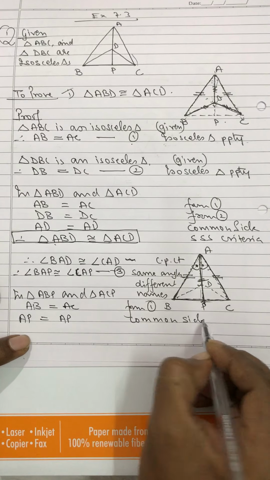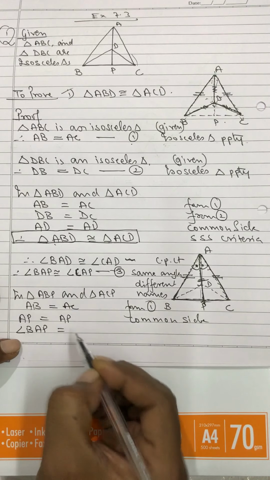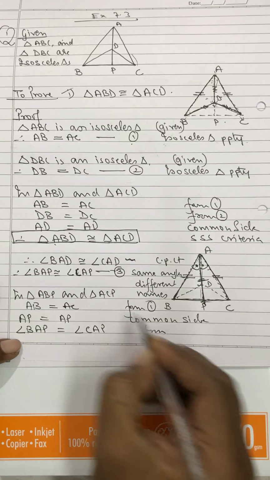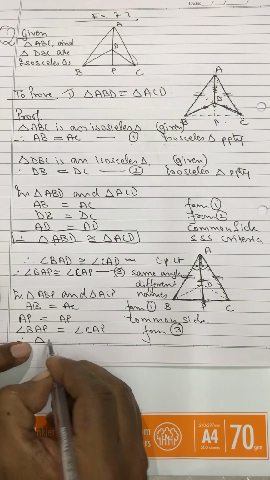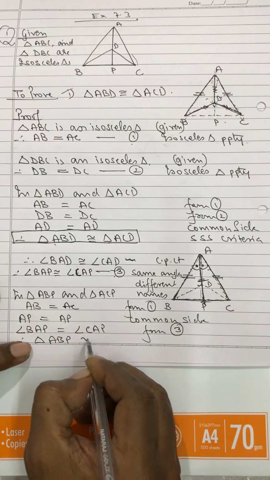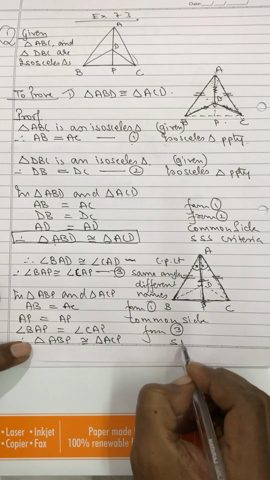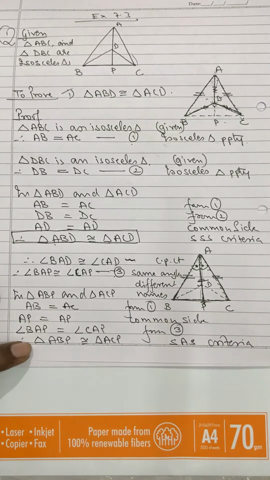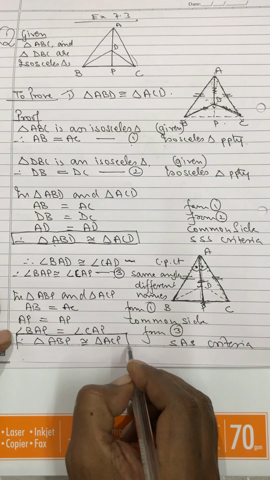Common side, and angle BAP is equal to angle CAP from 3. Therefore triangle ABP is congruent to triangle ACP by SAS criteria. Now same thing we will do. Now this also is finished, second question also is done.